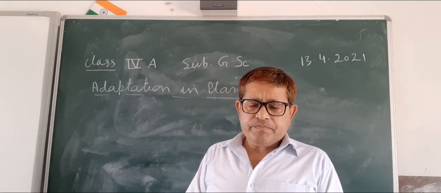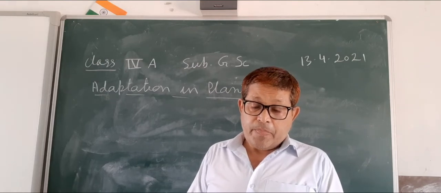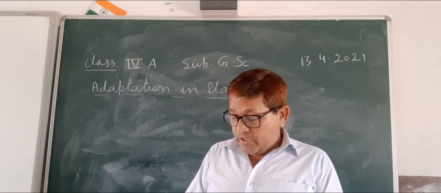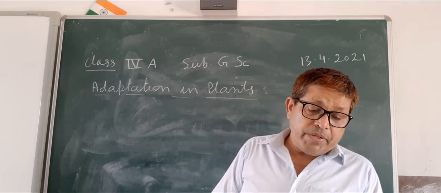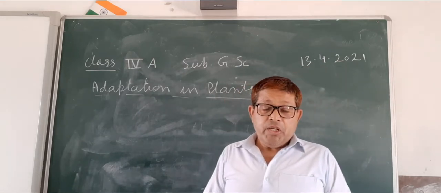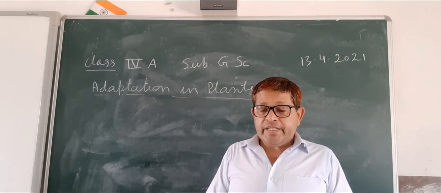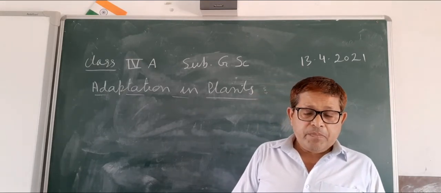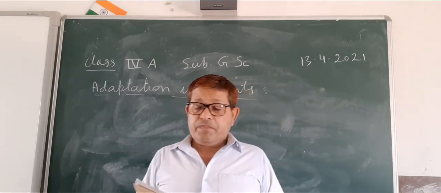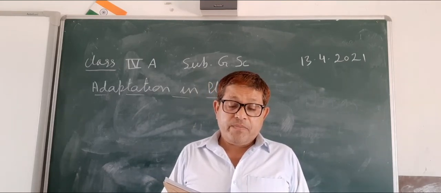Before starting, pre-reading questions. A few diagrams are given. You see page number 3. Page number 3 you see pre-reading questions. Look at the pictures of these plants. Take the correct name. Notice the difference in their appearance. So first is the coconut.